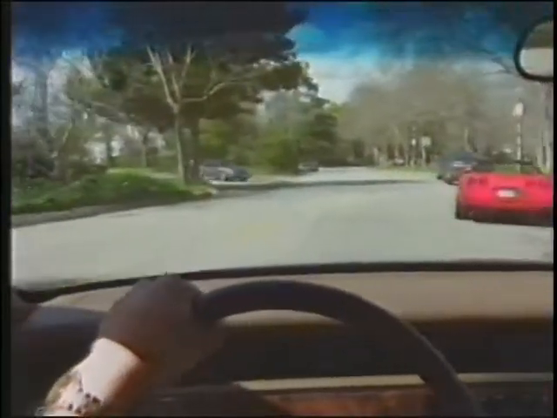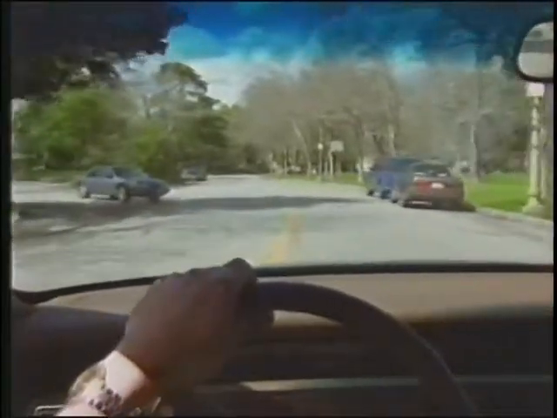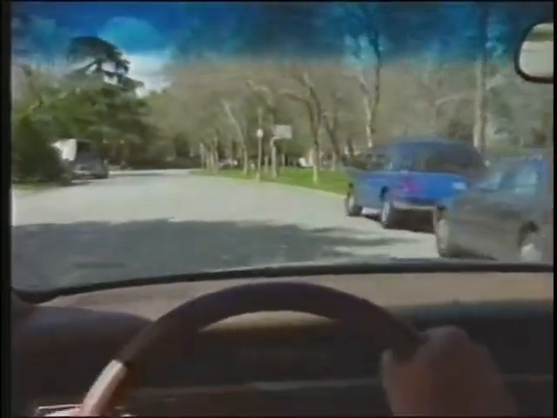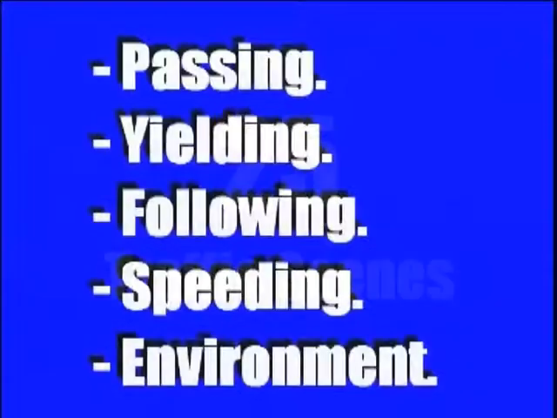The traffic scenes you are now viewing were video recorded with a camera located above the steering wheel of a camera vehicle. During the program, you will be shown 25 traffic scenes that apply to the following 5 driving risk characteristics: passing, yielding, following, speed control, and environmental factors.